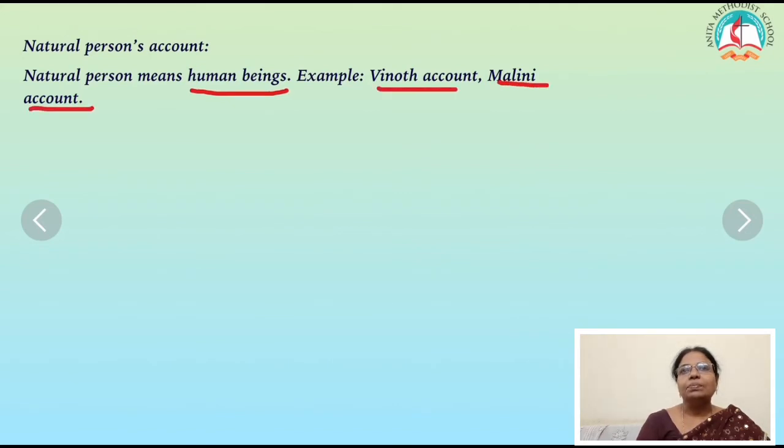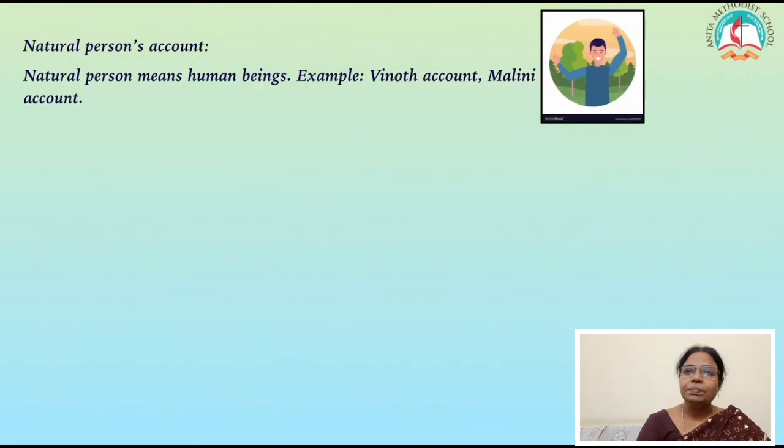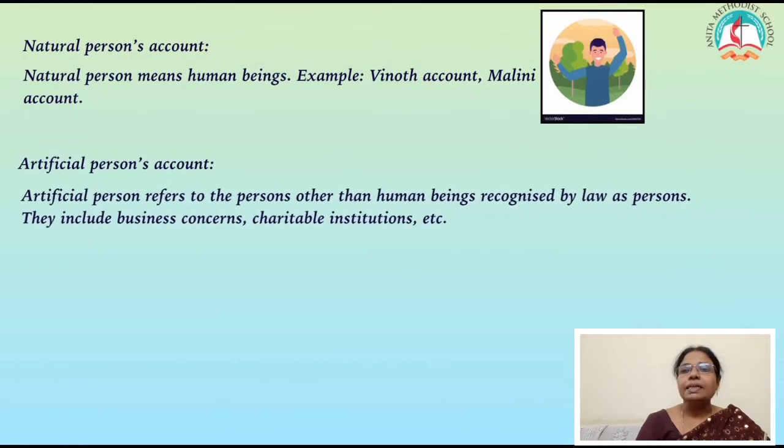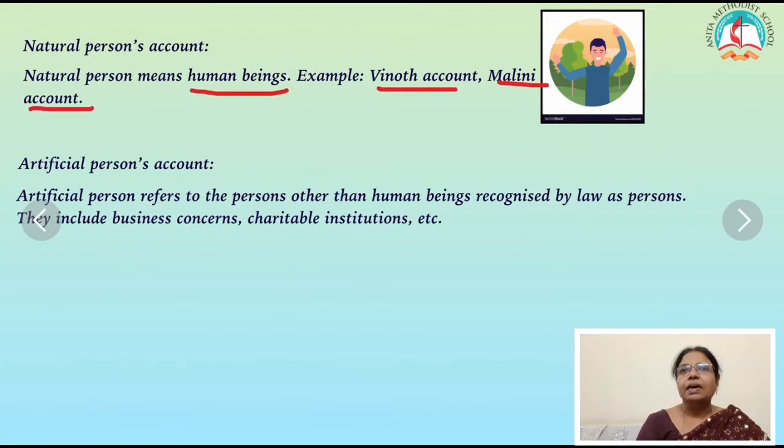Artificial person refers to the persons other than human beings recognized by law as persons. So they include business concerns, charitable institutions, etc.